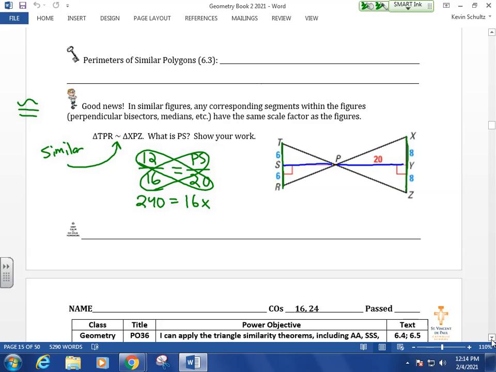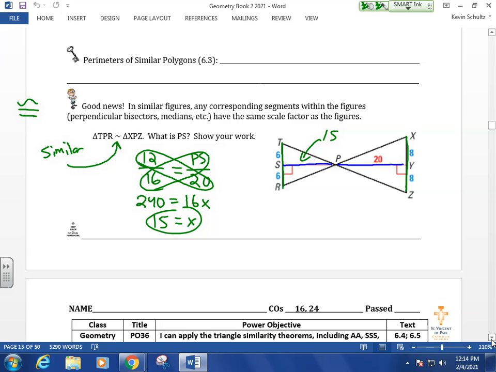You can divide both sides by 16. 240 divided by 16 is 15, and that is our value for PS. And if we look at these scale factors, 12 sixteenths equals 3/4. 15 twentieths also equals 3/4. So I plug that 15 in for PS in my proportion, and it all checks out.